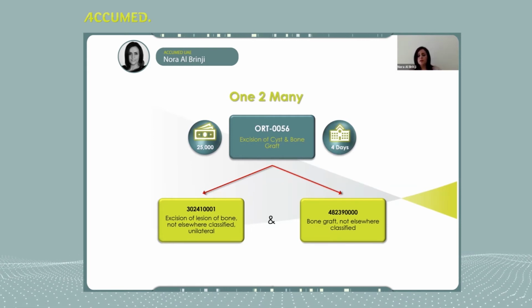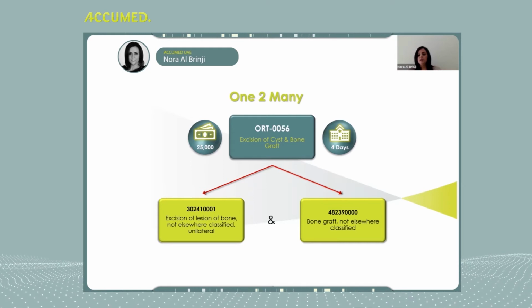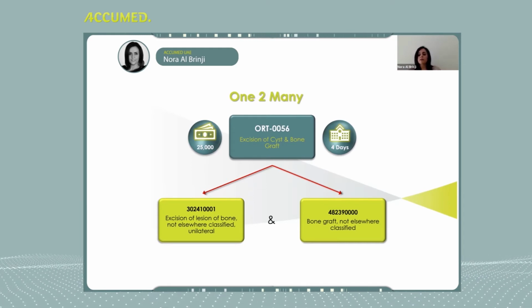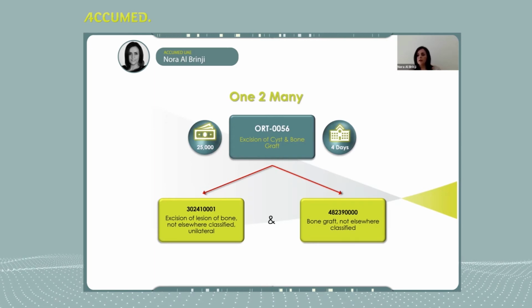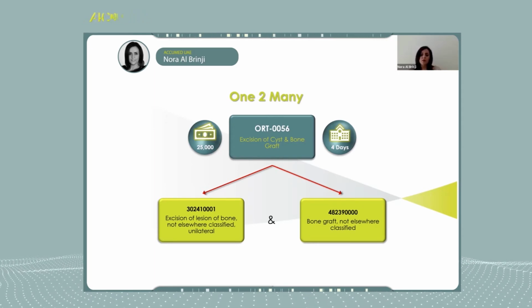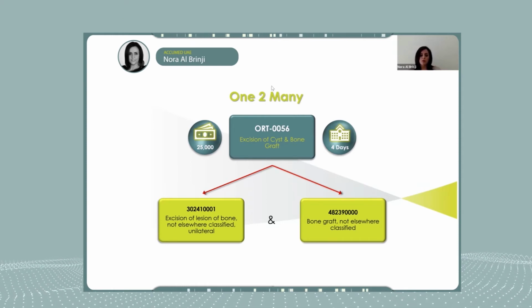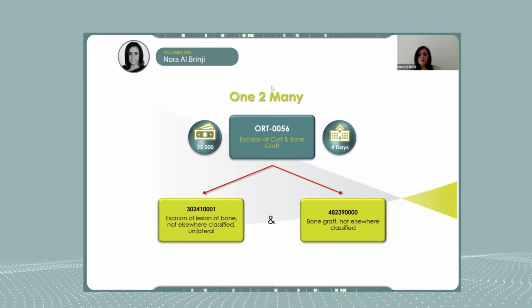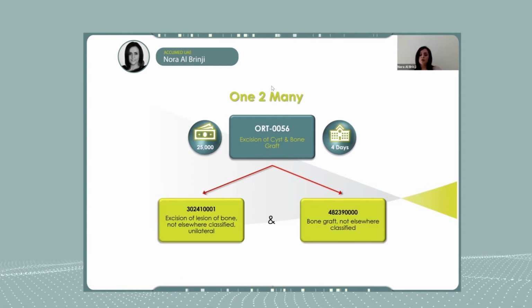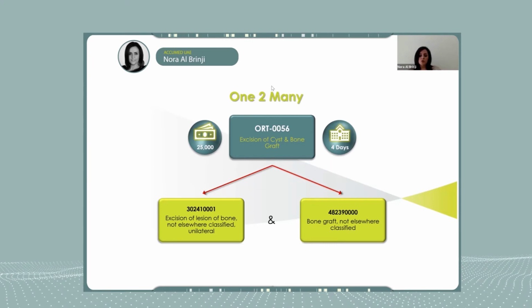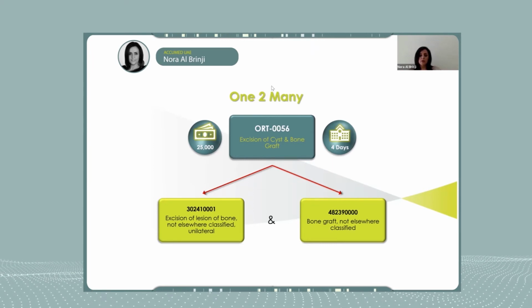Sometimes, in this example here, we are mapping one code to only two. In some cases, we might map one code to many, like up to 5 or 10. It depends on the procedure and on the components of this procedure. For example, here we have the excision of cyst and bone graft. These are two different services as per the CCHI billing system.